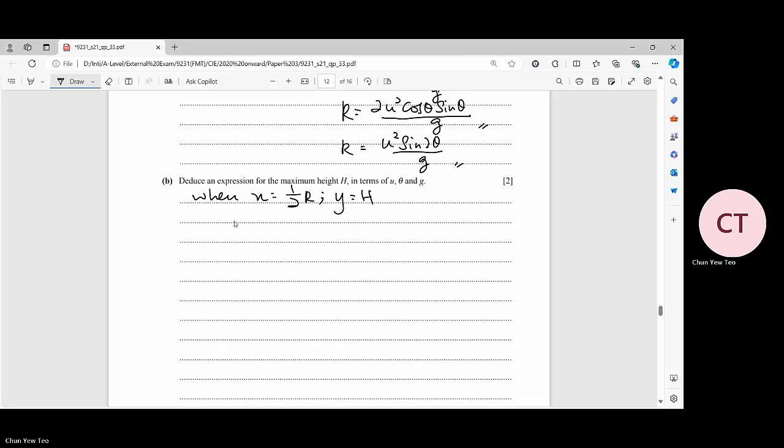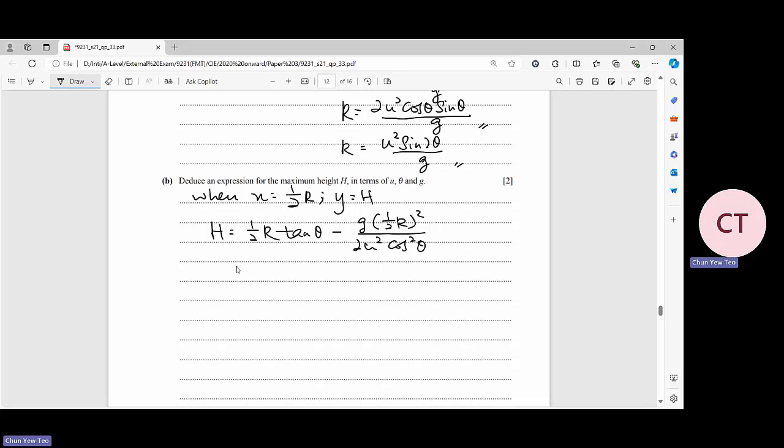So again, just use the trajectory equation from part A just now. Just change y to h, change x to half R. Okay, tangent theta minus g half R square over 2u square cos square theta. I'll make it like this.